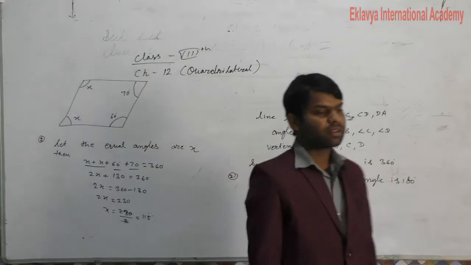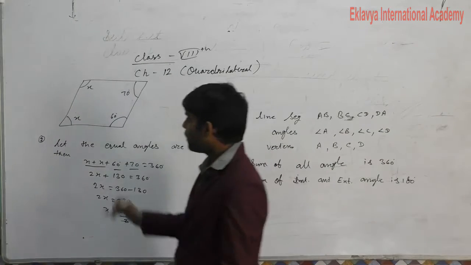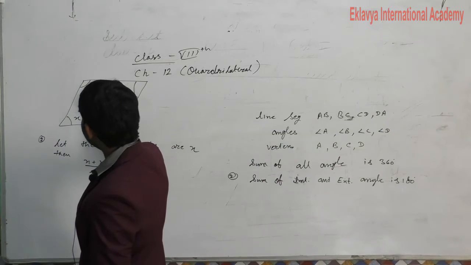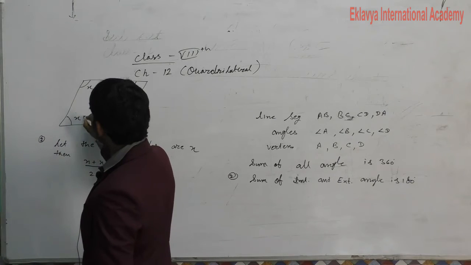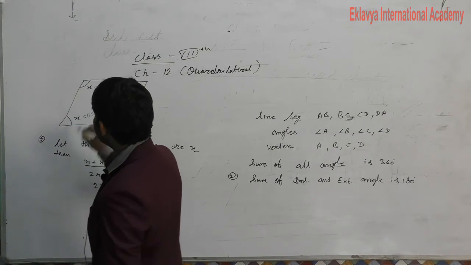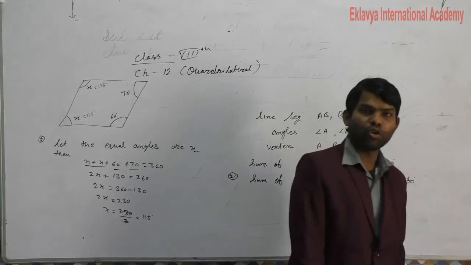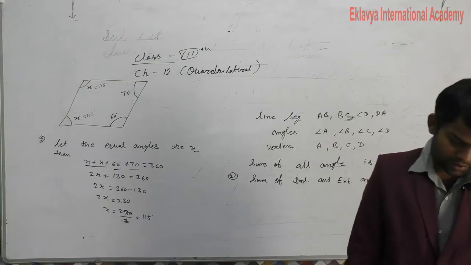So in this question each equal angle is 115 degrees, both are 115 degrees.